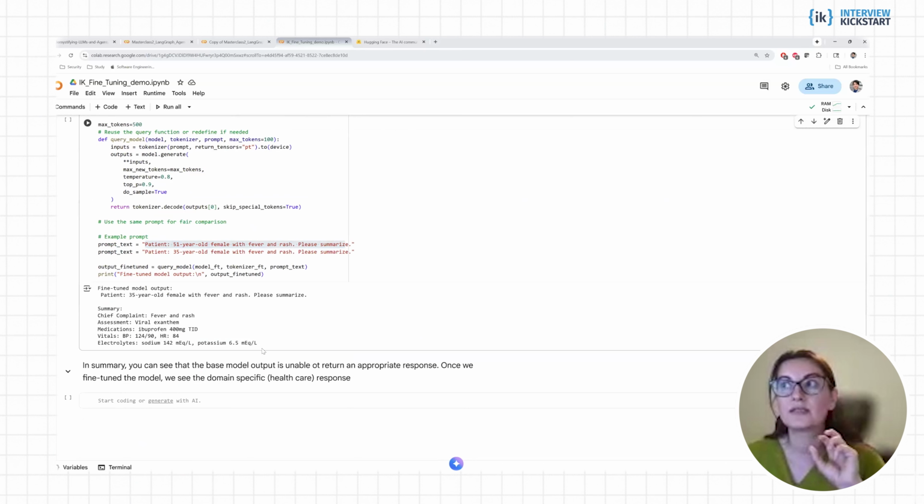So now you can realize the power of fine tuning in building personas, in building domain specific responses in this case. I will stop for questions.